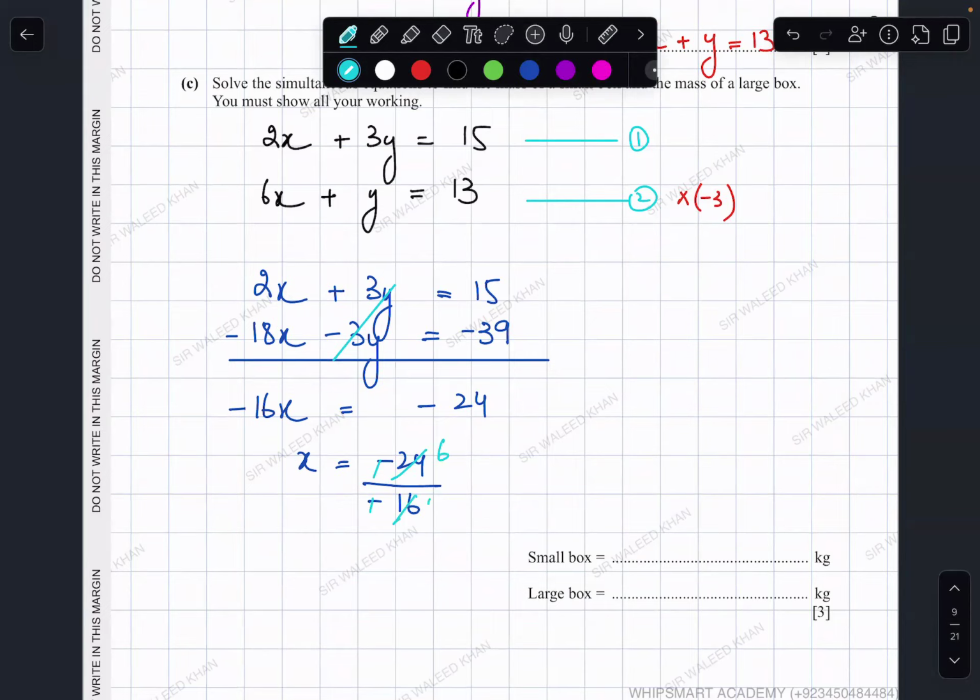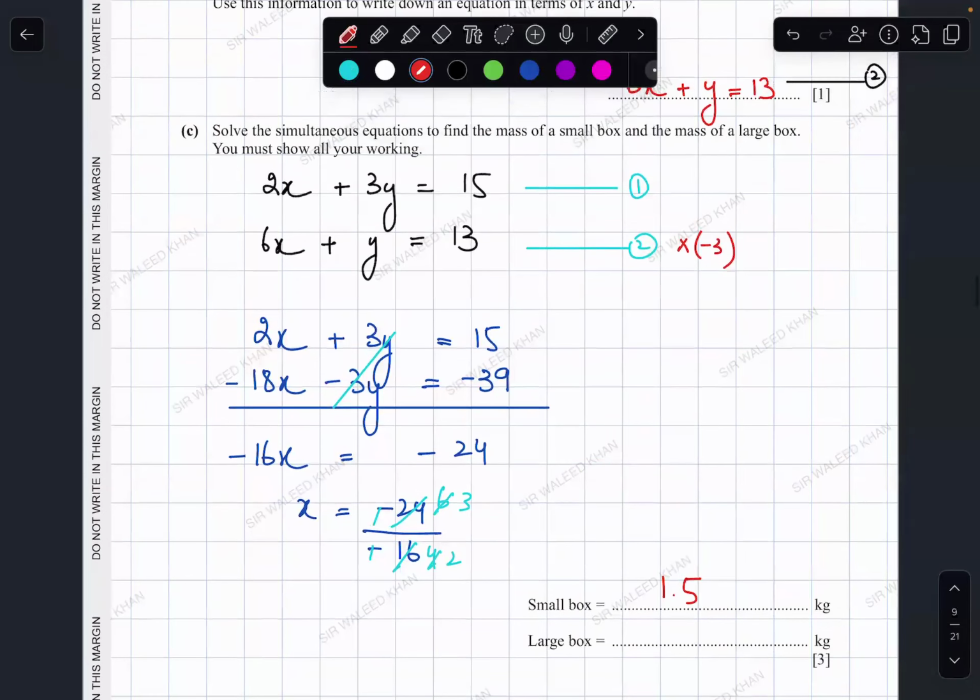We have 6 and 4, and again further simplified 3 and 2. So we have 1.5. Now I can use the value of x as 1.5 or 3 by 2 into either of these equations. So I can say x is equal to 3 by 2.